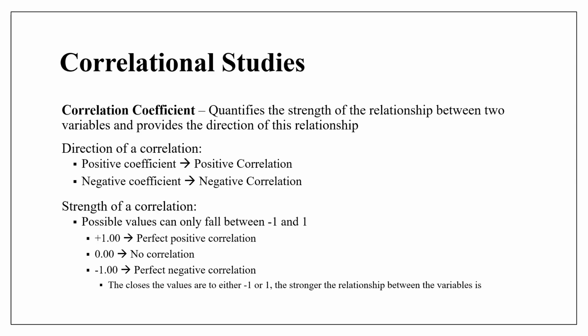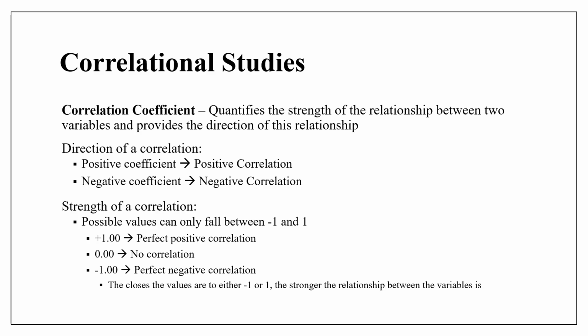Now, when it comes to the direction of a correlation, it's what we discussed basically. Again, whether it's a positive correlation and both variables are moving together, so as one of them increases, the other one increases as well, or it's a negative coefficient, which is equivalent to a negative correlation, where we see an opposing pattern. As one of them increases, the other one decreases.